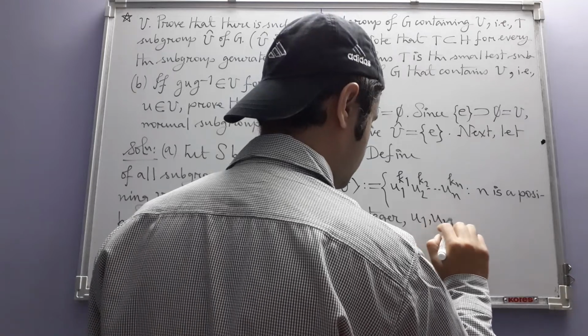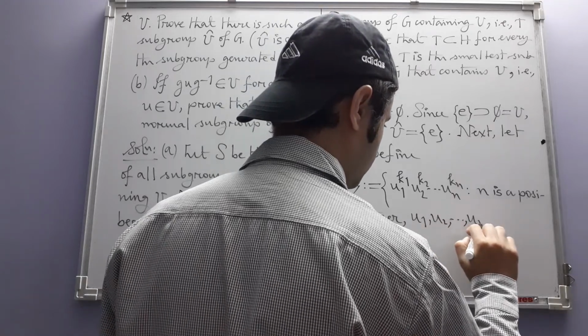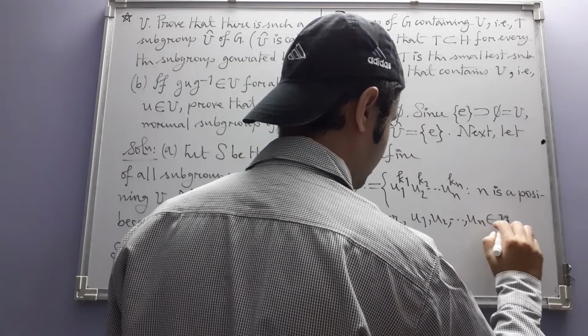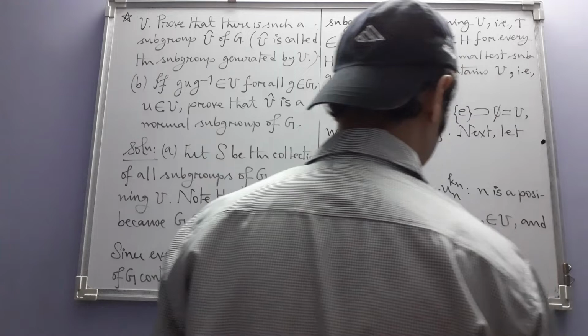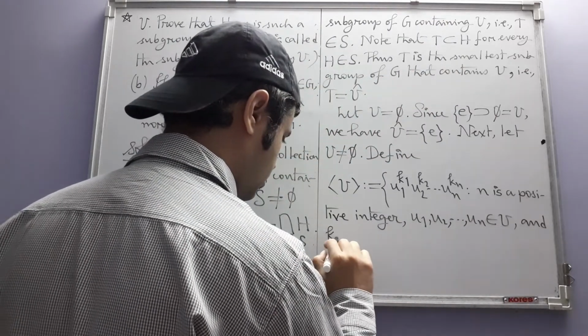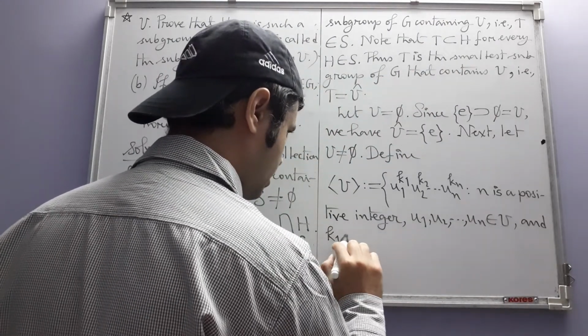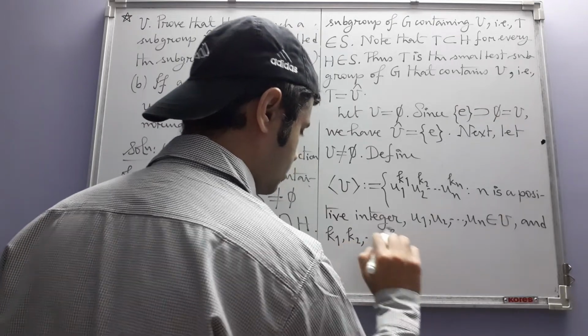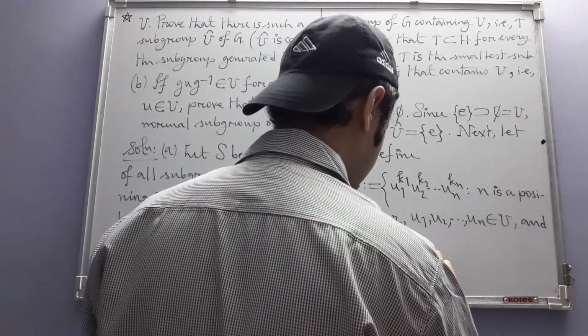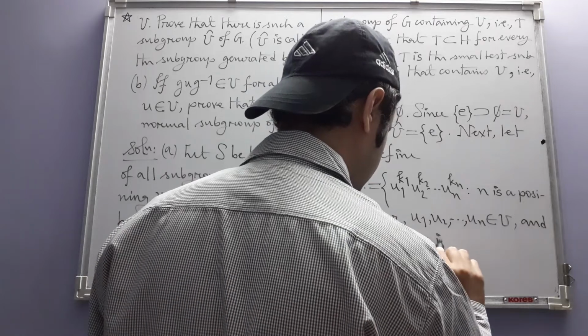U1, U2, etc. These are elements of U, and K1, K2, etc. These are integers.